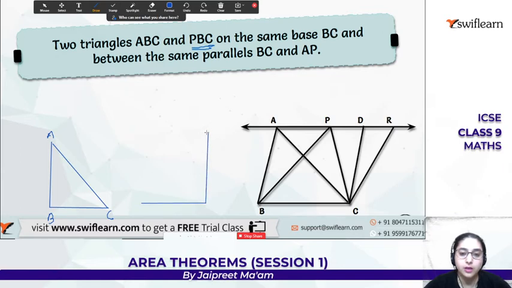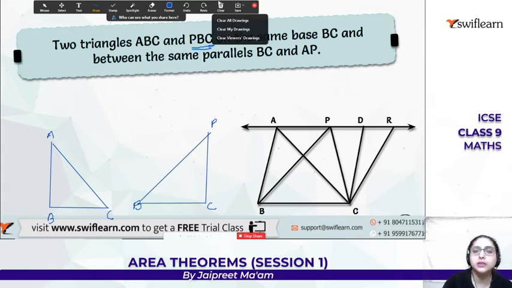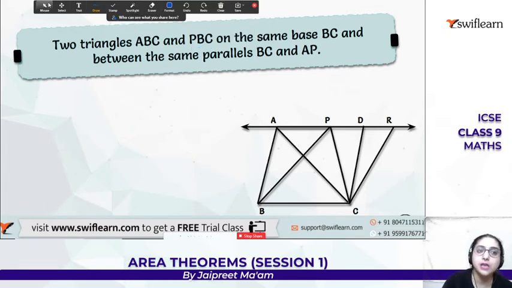So we have triangles ABC and BPC. These are the two triangles, and they are on the same base BC and between the same parallels BC and AP. We have to prove that the areas of both the triangles are the same.